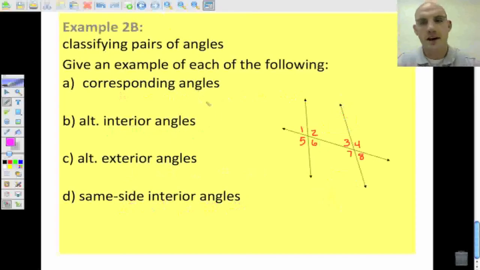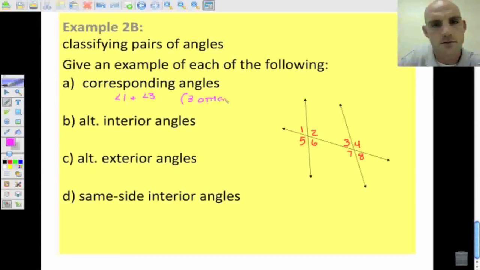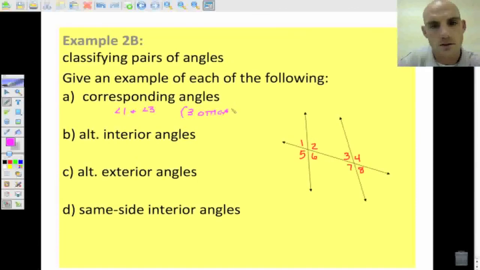In B, we're going the same way. So here's one that you can do by yourself, or I can walk through it with you. I'm going to give you one example of each, and you're going to see if you can fill in the others. The corresponding angles would be angle 1 and angle 3. There are 3 others. Alternate interior angles would be like 2 and 7.